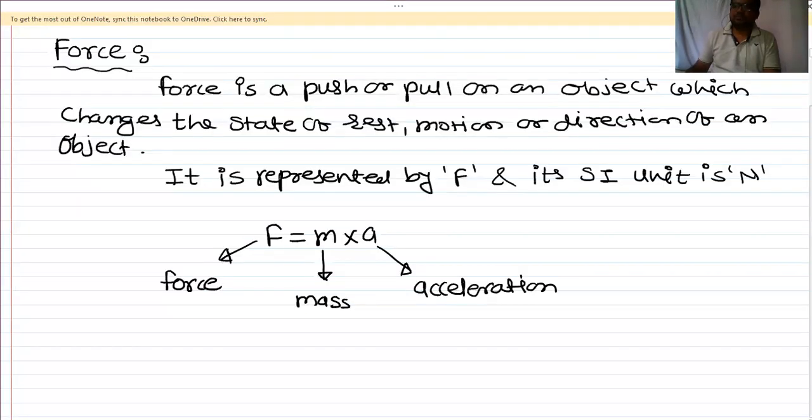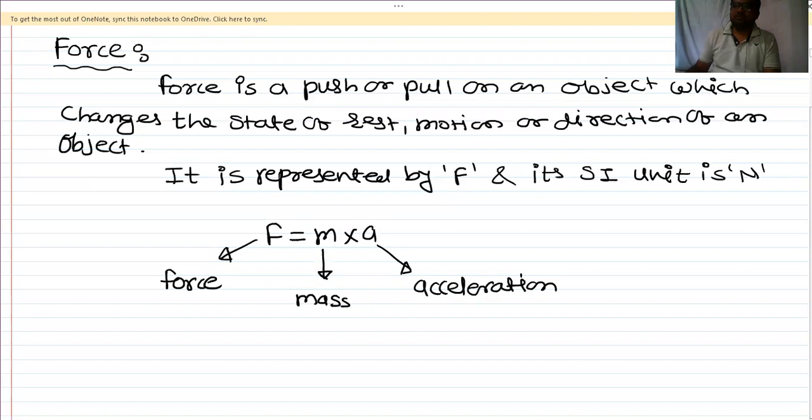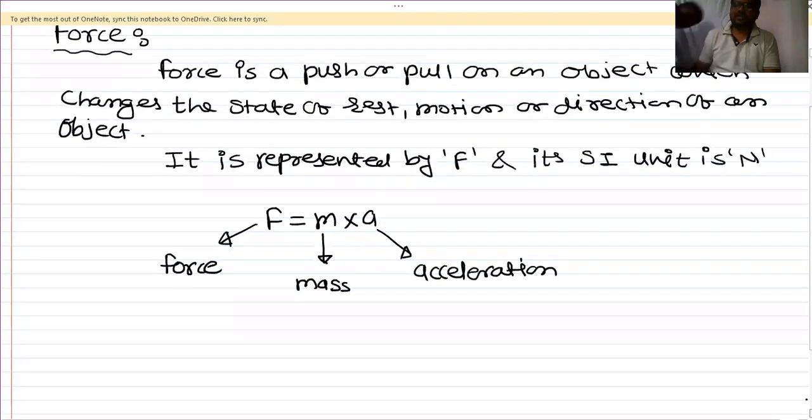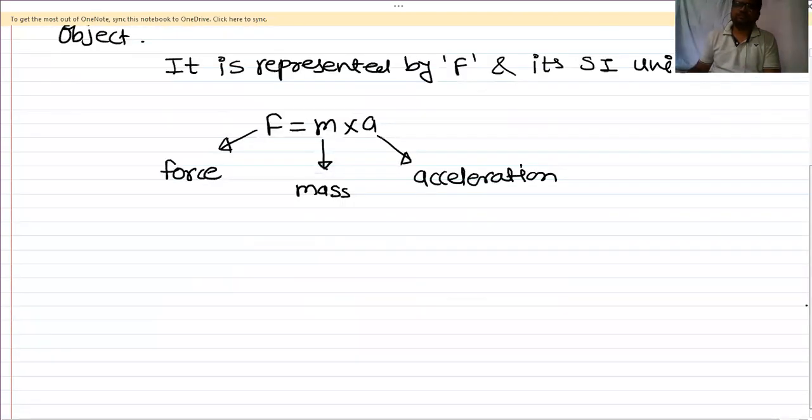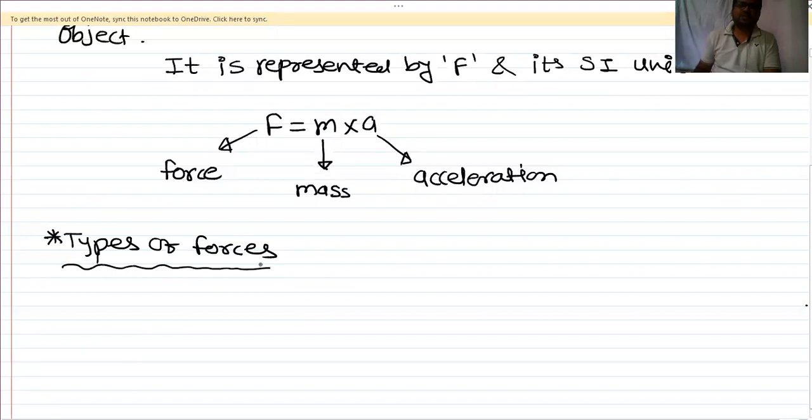Okay, so now we have what are the types of forces, right? So we'll study about the types of forces now. What are the types of forces? So write down, we have first type in this is the contact force. Second type we have is the non-contact force.